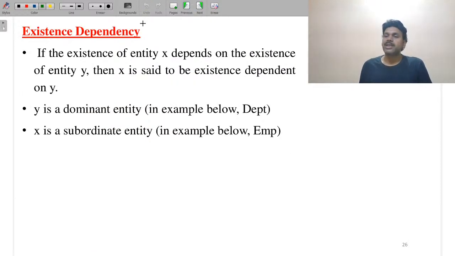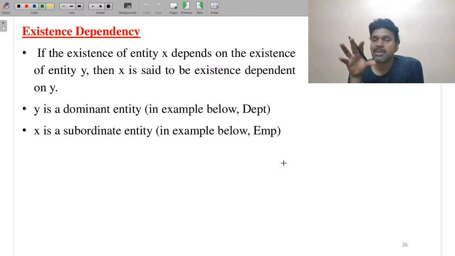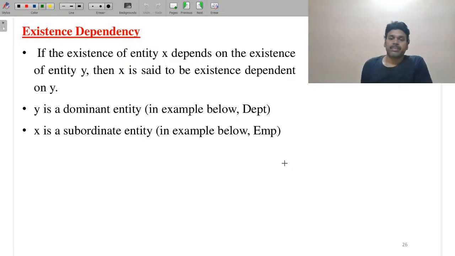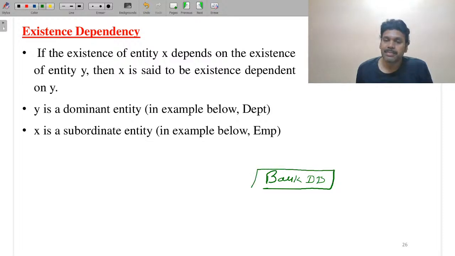If you look at what existence dependency is, the meaning of existence dependency is nothing but that the existence of an entity depends on the existence of another entity. For example, I'm saying bank database. This bank database consists of account numbers of the customers.